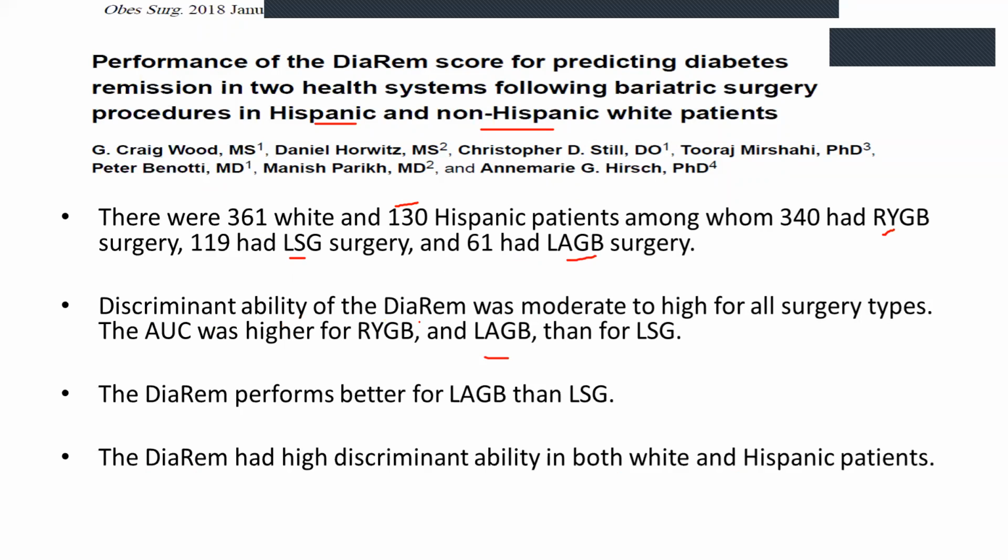The discriminant ability of DiaRem was moderate to high in all types of surgery, but it performed much better in the RYGB and LAGB groups compared to the sleeve group. It also had good discriminant ability in both white and Hispanic patients.